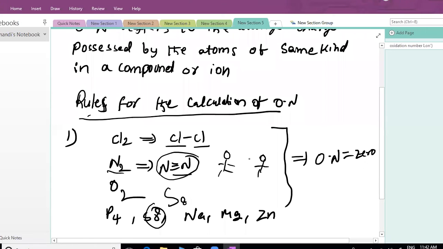Your favorite hero, you can take any, who did double action? Both we call hero only, no? Both are the same. There is no difference here. Like here Cl, both are identical. Cl can't take electrons, even the other Cl can't take electrons. That's why equal strength, so 0. They can't lose electrons, they can't gain electrons.